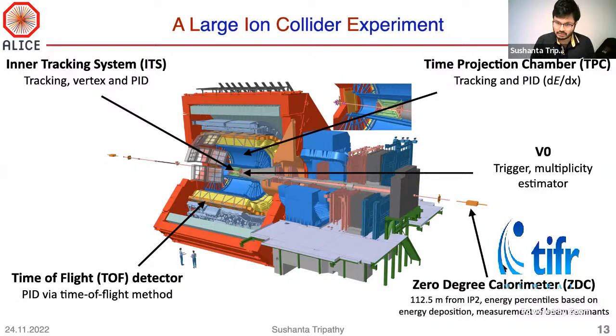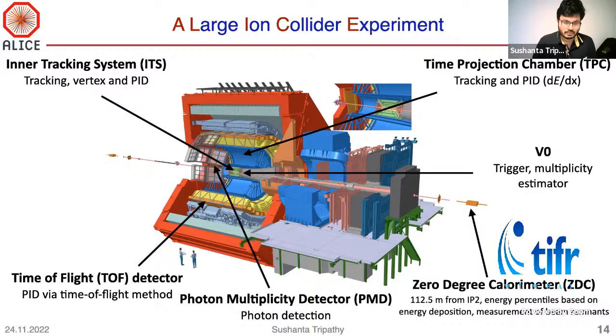The zero-degree calorimeter is located more than 100 meters from the intersection point, and it is used for measuring the spectator energy. Based on it, one can also have a centrality estimation, and it is instrumental in the measurement of beam luminosity as well. And for photon detection, one detector is the photon multiplicity detector, PMD.